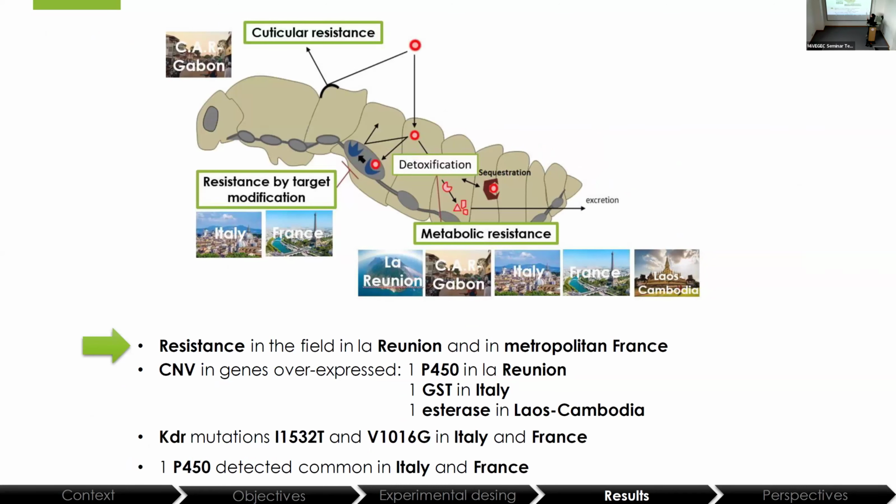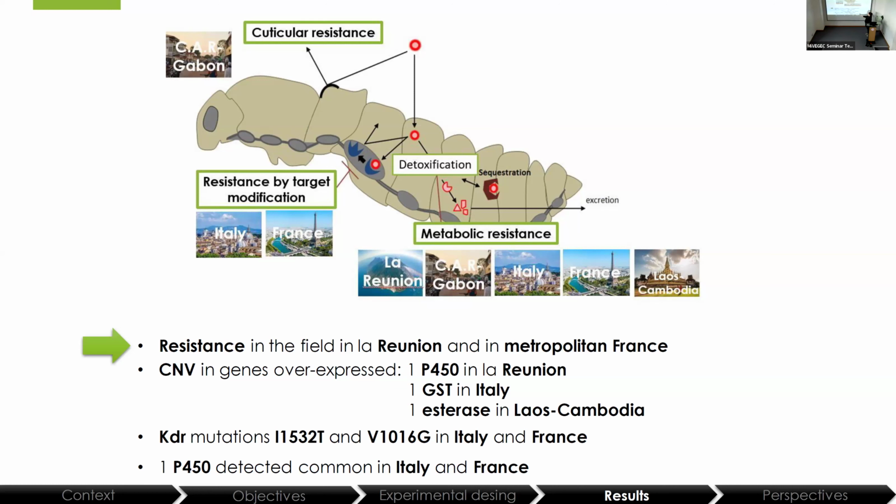So to summarize, we found resistance in the field in La Réunion and also in metropolitan France.